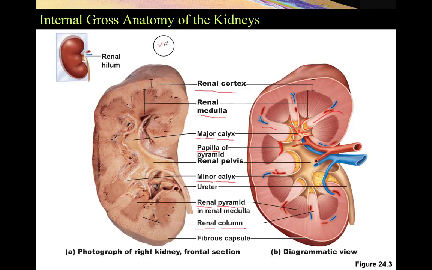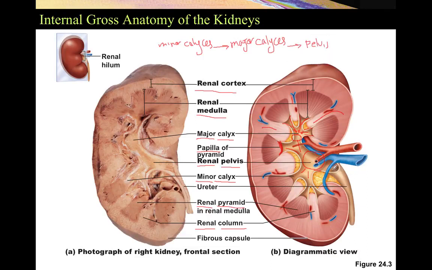So basically, I'm going to start with minor calyces, which is the plural of calyx, which empty into major calyces. And then if you follow all of these major calyces you see right here, they empty into this central region, which we refer to as the renal pelvis. So it continues to the renal pelvis.